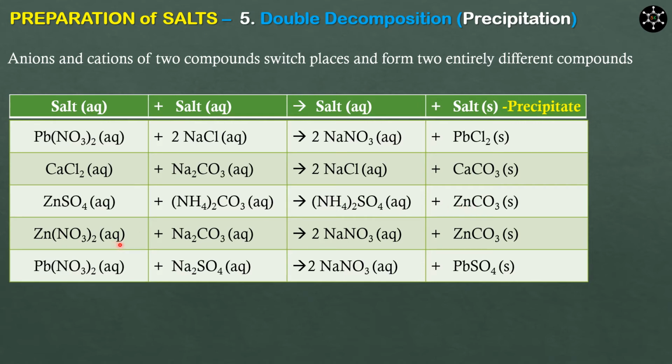Zinc nitrate solution put with sodium carbonate solution gives sodium nitrate solution and zinc carbonate precipitate. Lead nitrate solution treated with sodium sulfate solution gives sodium nitrate solution and lead sulfate precipitate. Sometimes this double decomposition reaction is also called a double displacement reaction.